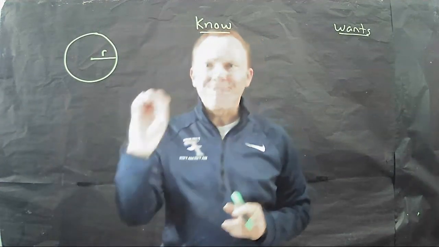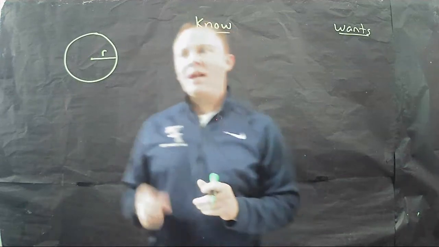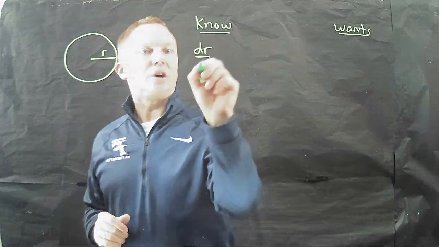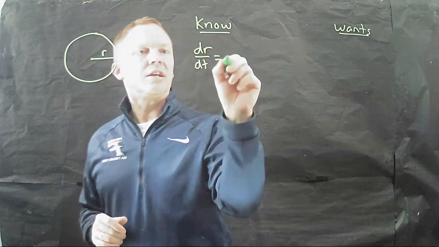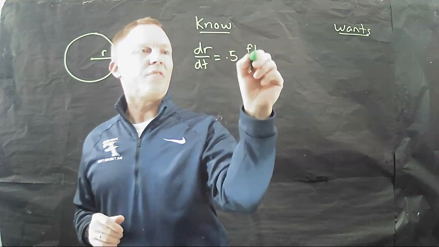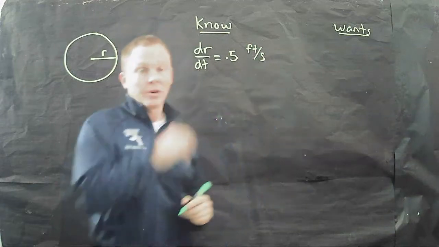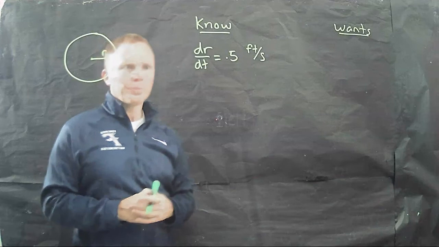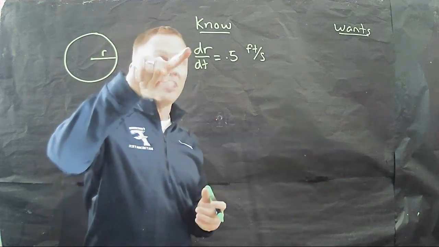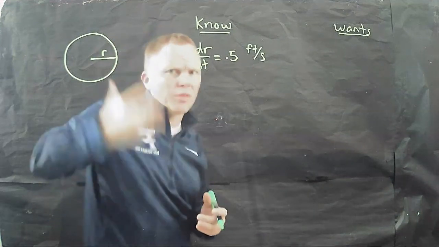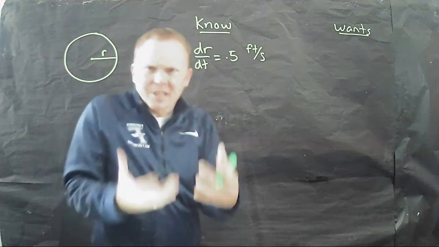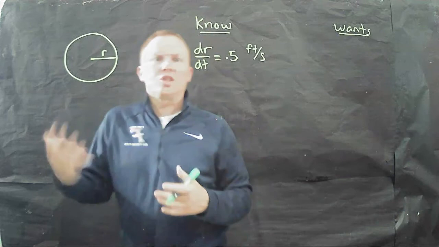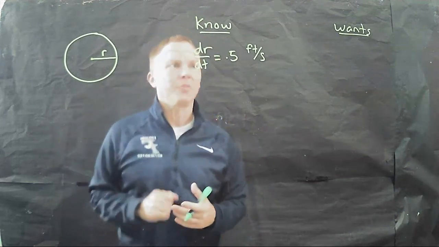So I see that feet per second, and that tells me that dr/dt equals 0.5 feet per second. The radius is measured in feet and time is measured in seconds. So that was one insight as to knowing that was dr/dt. The radius is changing at a rate of 0.5 feet per second.